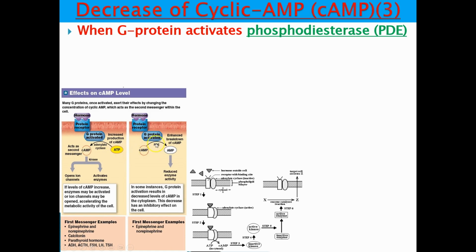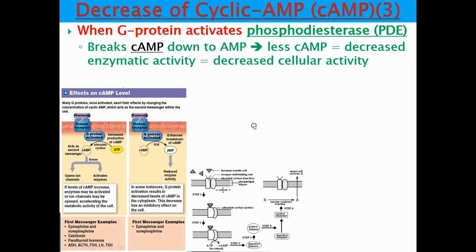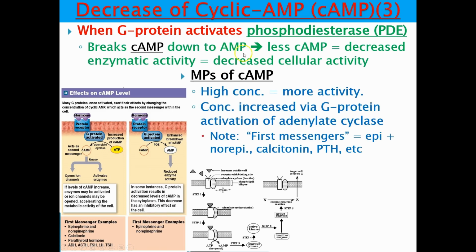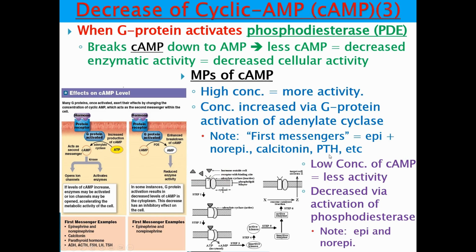When phosphodiesterase is available, it's going to lead to a slower response. Because remember, epinephrine and norepinephrine are the sympathetic hormones. So for organs that are under parasympathetic stimuli, epinephrine would be causing inhibition to those. So phosphodiesterase, the main point here, is going to reduce cAMP, and by reducing cAMP, we have less enzymatic activity, which means we have less going on in the cell.